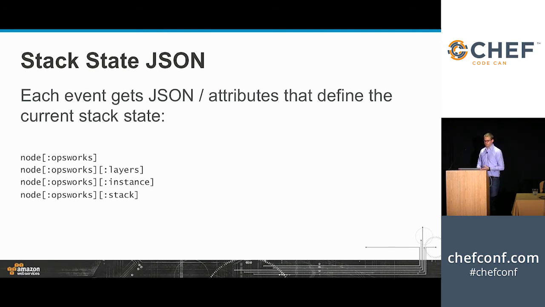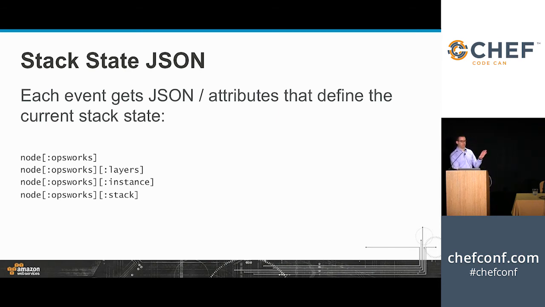So you can find, for example, information about the instance you're actually running on under node OpsWorks instance, and information about the stack, like what applications are being deployed, the name of the stack, the region, under the stack namespace. And then there are the layers, which tell you what layers are available, what instances are in there, and then information about the individual instances. And we will look into that in a second.